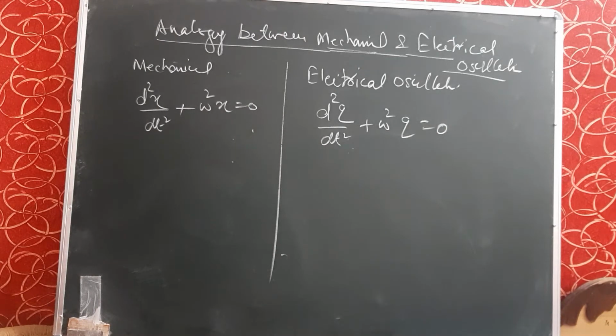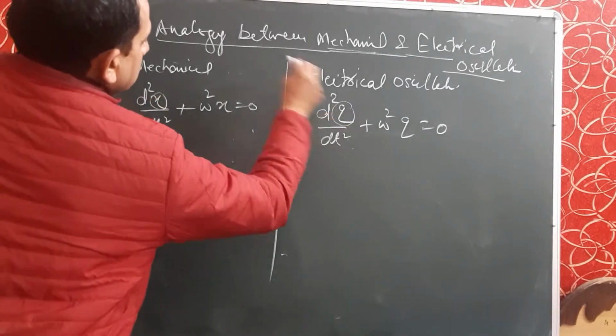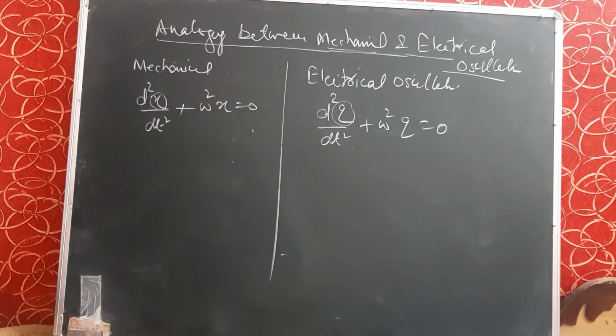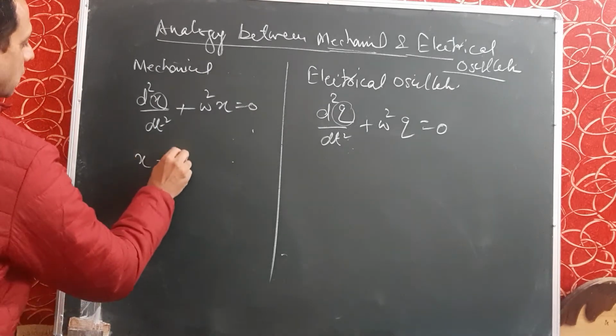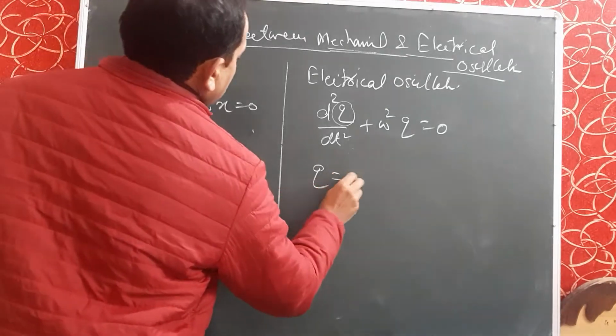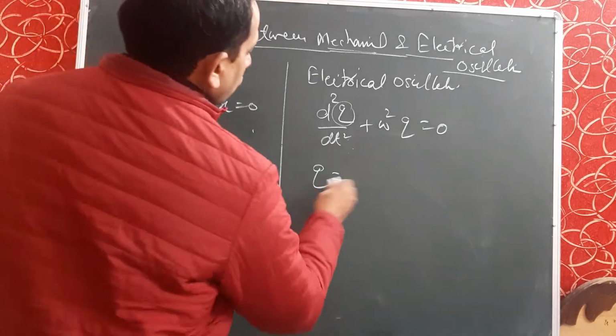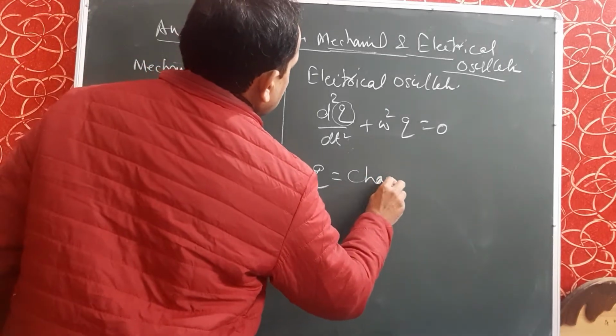So, from these equations it is very much clear that x is analogous to q, means x, that is displacement, and in electrical oscillator this x may be written as q. Q means charge.